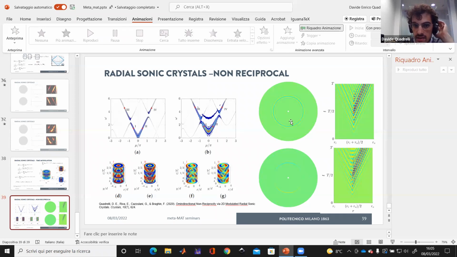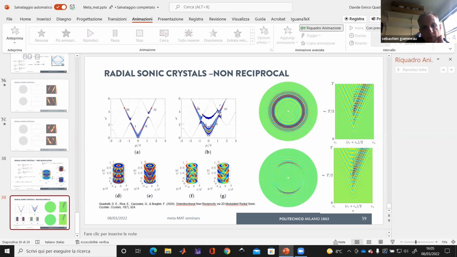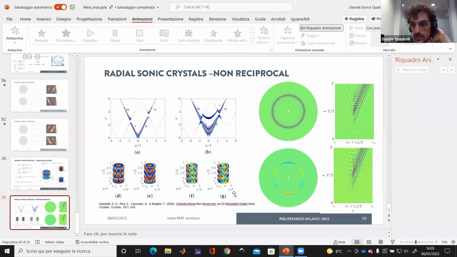And indeed, if you do the Fourier transform, the 2D space-time transform, these are the results. In this case, you just get the branches for the monopole, and in this case, you get the branches associated to the dipole.